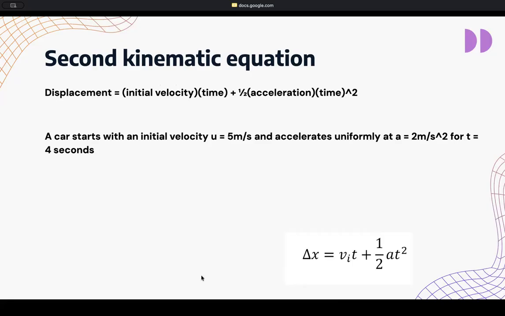In the first two classes we created it and showed why it works, but if you weren't there for those classes, just trust this equation. You have displacement, initial velocity, and one half acceleration times time. If you have zero acceleration, you can use this equation, and at that point it just becomes like the previous one.